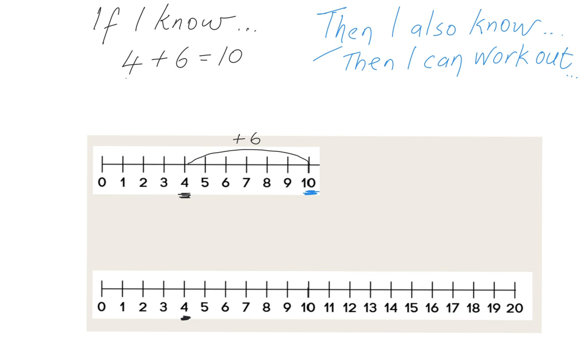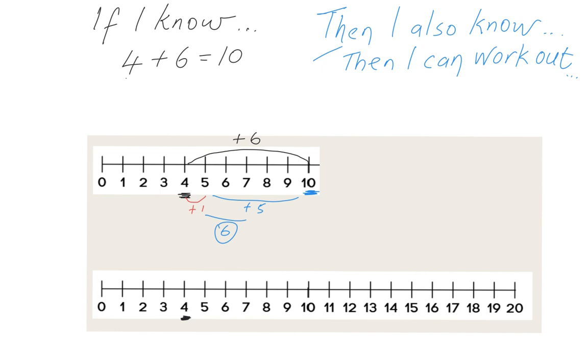Some students might need that get to 5 before they get to 10. So that would look like the 4 plus 1 gets me to 5, and then another 5 gets me to 10. So that gives us our 6 altogether. 4 plus 6 equals 10.